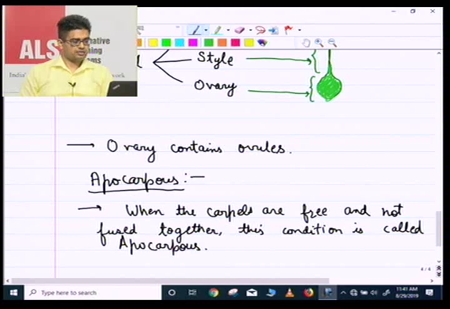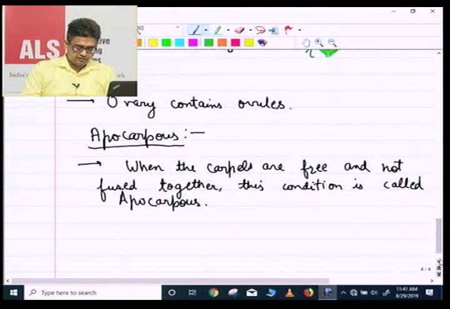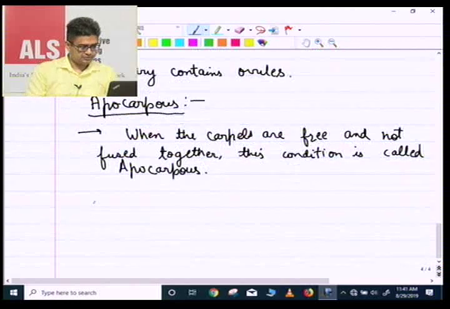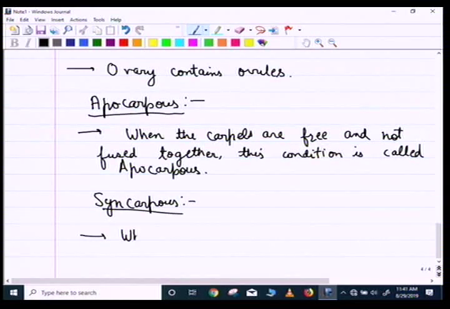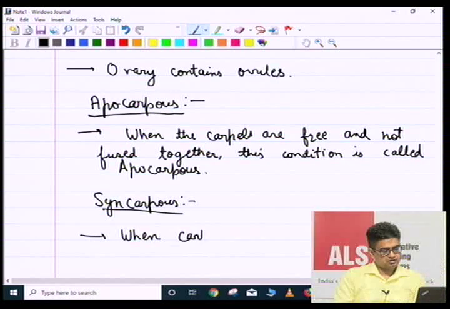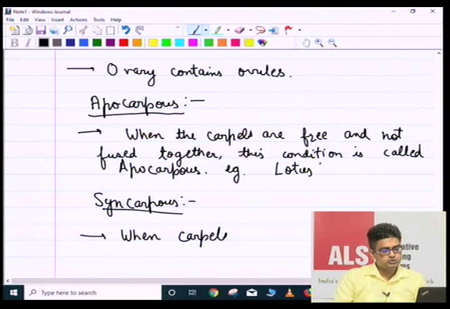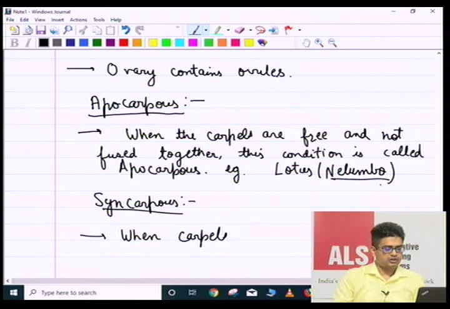Okay? All right. Now there is another condition, syncarpous. Syncarpous, when the carpels are fused. So write this quickly. Syncarpous is the condition when carpels are fused together. Yeah, example is lotus. Lotus is Nelumbo nucifera. Botanical name of lotus is Nelumbo nucifera. Just write Nelumbo.